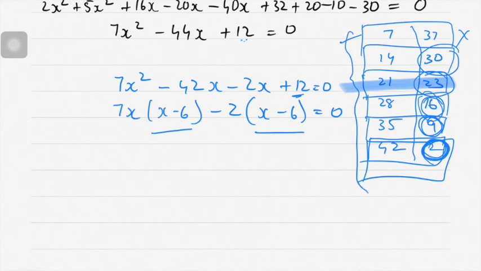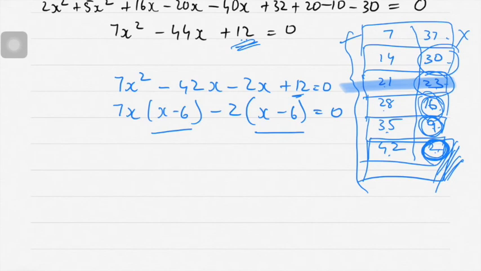Once you find the combination, that is 7 and 37, 14 and 30, 21 and 23, 28 and 16, 35 and 9, 42 and 2, once you find the combination, you know the first number should be a multiple of 7, right? And the second number should be a factor of 12. Second number should be the factor of 12. So 37, 30, 23, 16, 9 and 2. From this only 2 is the factor of 12.